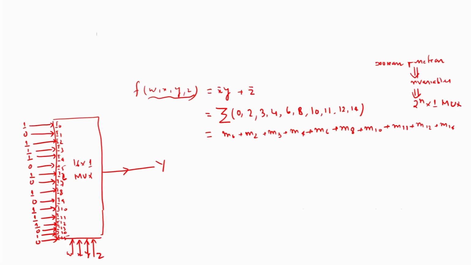We know that 2 to the power n is the number of inputs, 1 is the output, and n represents the number of selection lines, and based on the selection lines we decide which particular input is selected as the output.